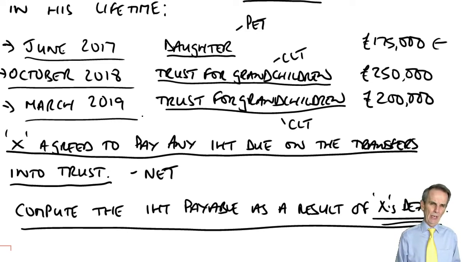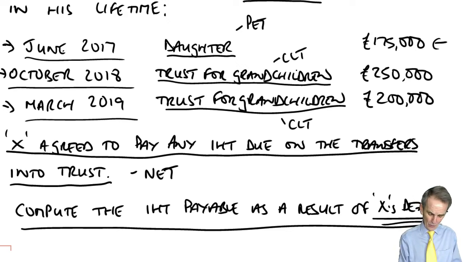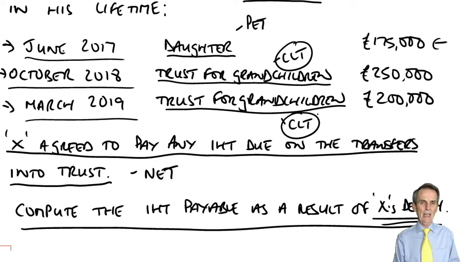But that first computation to be done as a result of death, the lifetime transfers chargeable on death, look at what we've got. We've seen that we've got 2 transfers out of the 3 that are CLTs. And when you compute any tax payable on death as a result of the taxpayer dying within 7 years of having made the CLT, then we are going to compute the additional tax due on death.